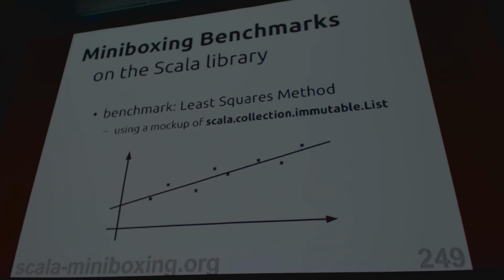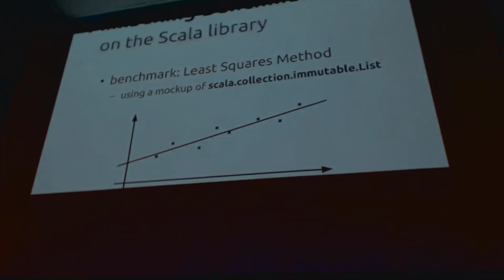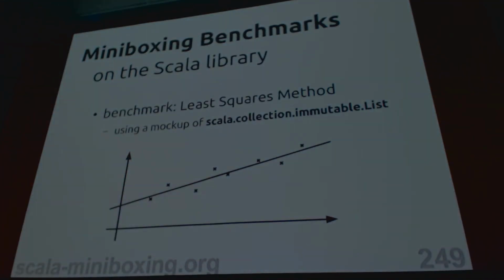So it's done on the Scala library. It's a mock-up of the Scala collection immutable list, and we just take the least squares method that basically fits a set of data, a set of points with a straight line. Okay, we'll wait a minute.